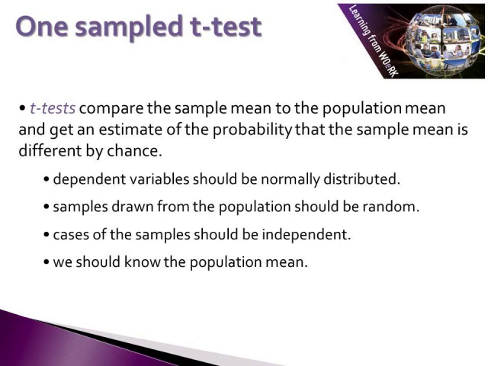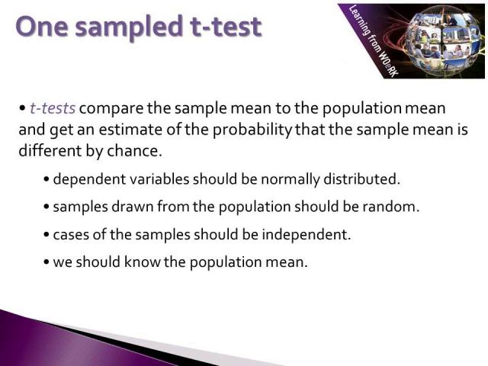With the t-test, you compare the sample mean to the population mean and get an estimate of the probability that the sample mean is different by chance. We use a one-sample t-test in situations where we are dealing with one sample and our data is parametric. We know or can estimate the population mean, but we do not know the standard deviation of the population.